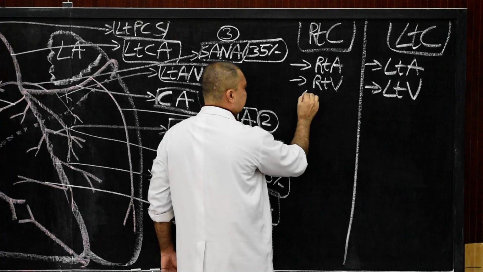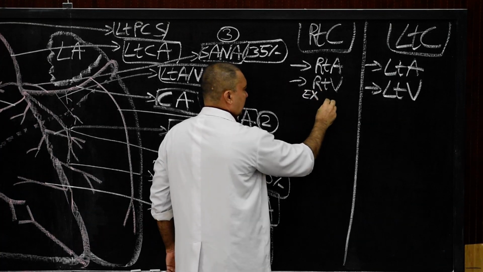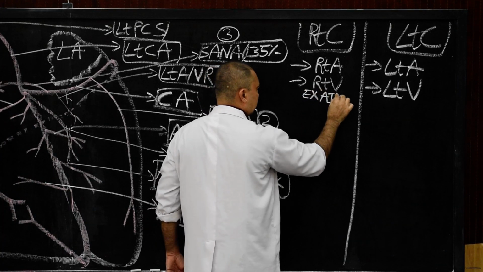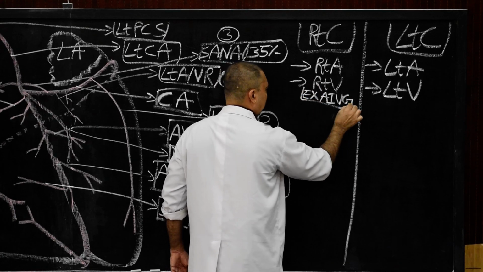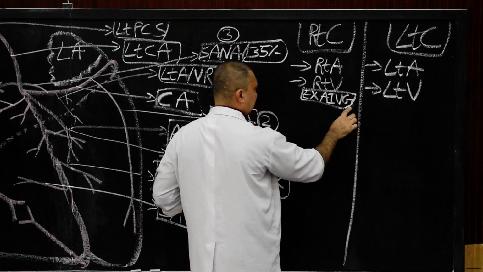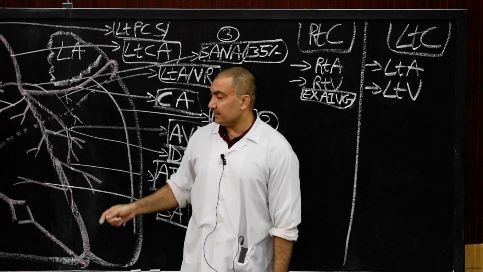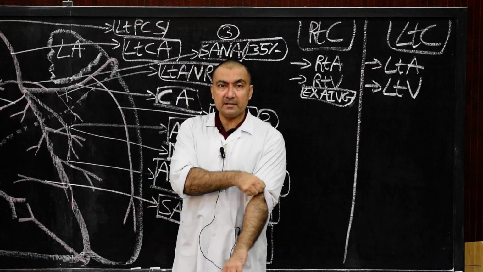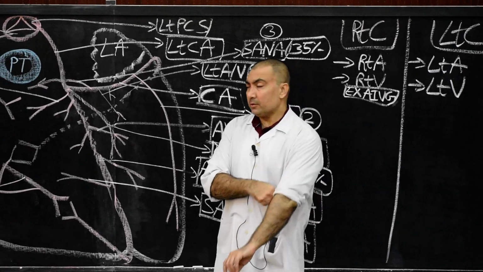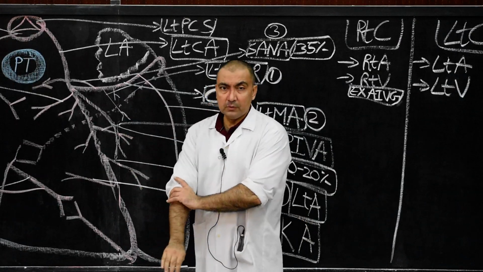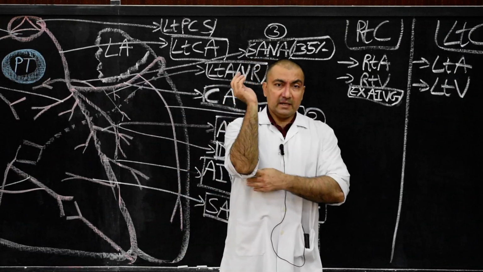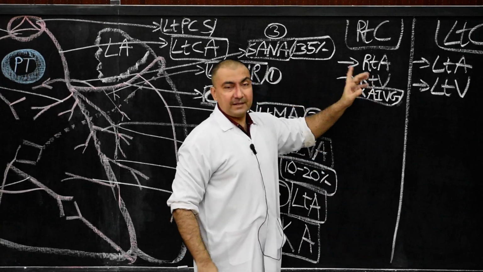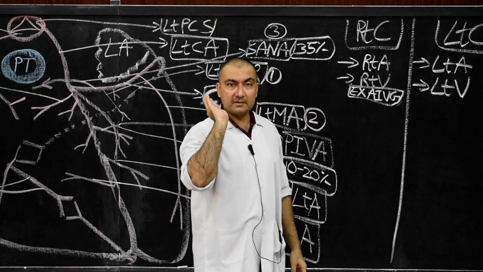So, except anterior interventricular groove. Why this exception? Because this anterior interventricular artery, as you have seen here, is a branch of the left coronary artery. So except the area on the anterior interventricular groove, the entire right ventricle will be supplied by the right coronary artery.